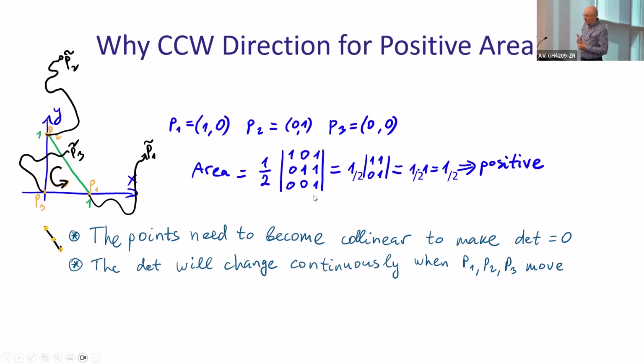So what happens is that you can prove it relatively easily. The idea is very simple. I'm not showing the full proof, but I'm showing just the idea why that direction is always positive. So we start with a very simple triangle. And this triangle is built on vectors 1, 0, and 0, 1.